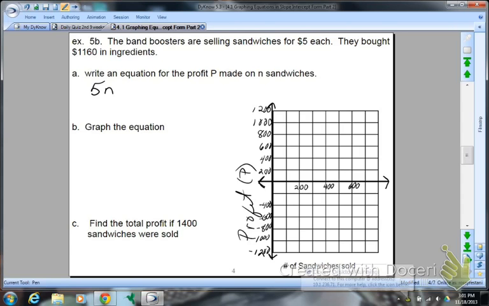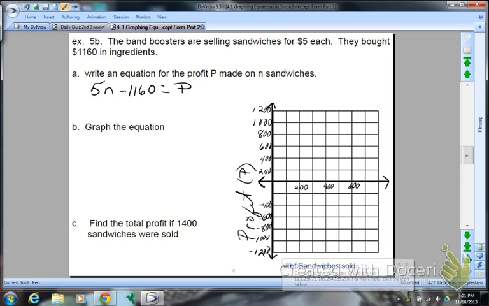So after we make our money, then we have to pay the $1,160 back. So what are we going to do with that $1,160? Add it or subtract it? Subtract. So we subtract the cost, $1,160, and that is going to be our profit P.